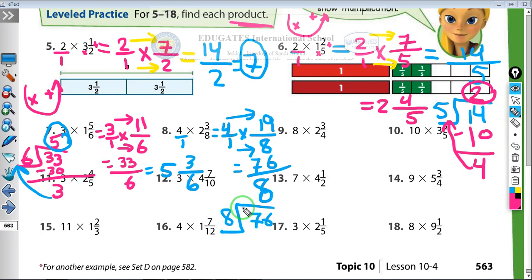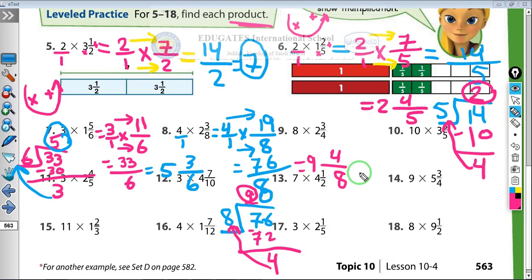Can we try 8 times 9? Yeah. Why? Because 8 times 9 is 72. Do subtraction. 76 minus 72, how many? 4. Now, the remainder is less than the divisor, so this is the whole number and this is the fraction. 9 as a whole number and 4 over 8.